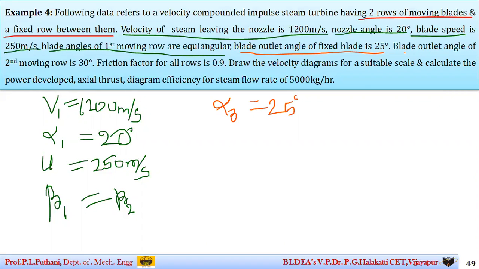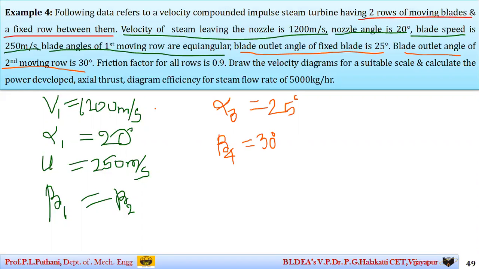Then the blade outlet angle of the second moving row; please read it carefully, the moving row blade is beta. Outlet means the second stage outlet angle becomes beta 4, and its value is 30 degrees.